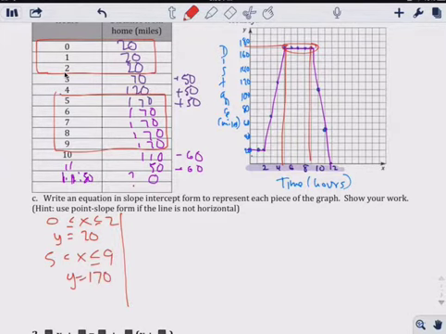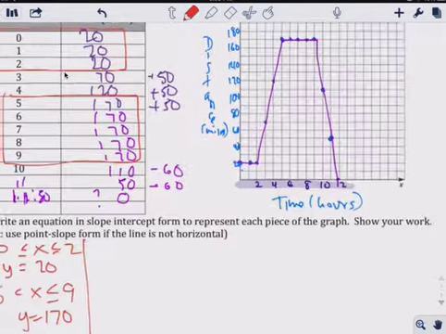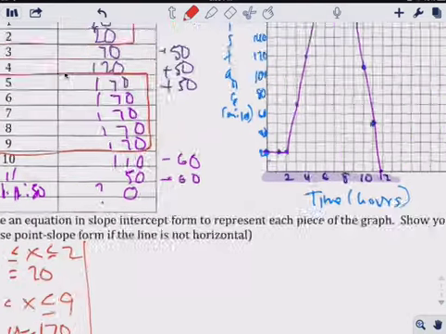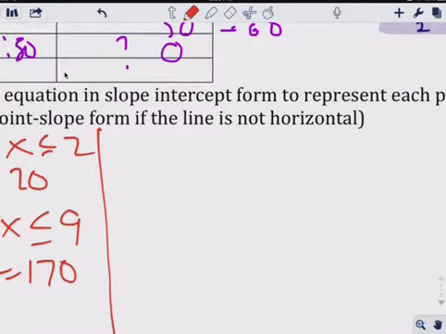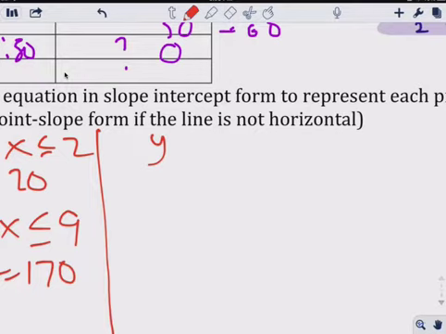Now to find the other two, we use y minus y1 equals m times x minus x1.